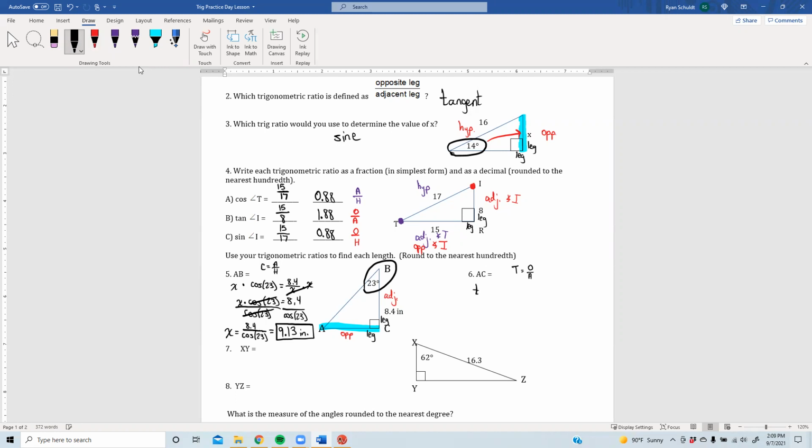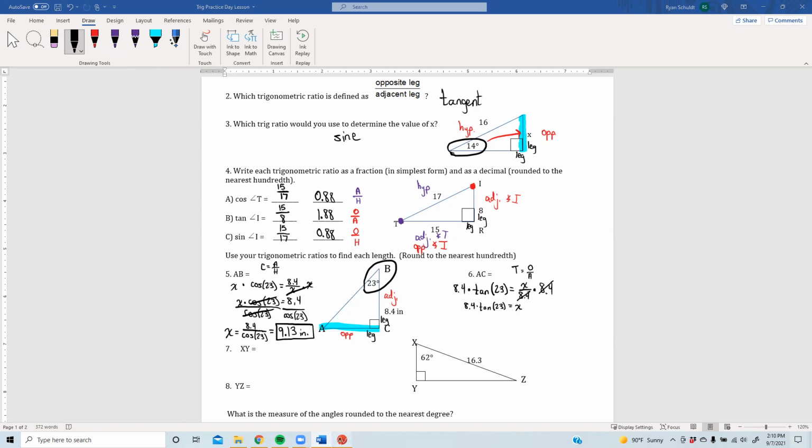So set up an equation. Tangent of 23 degrees equals x over 8.4. Multiply by 8.4 on both sides. The 8.4 times the tangent of 23 equals x.